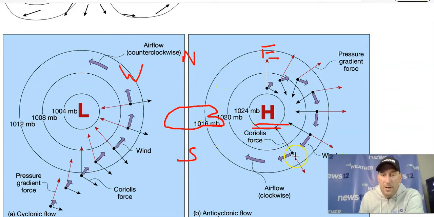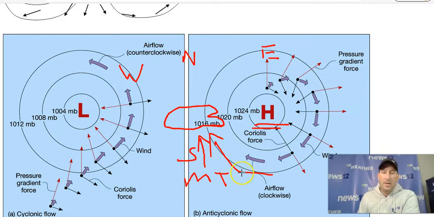Wind flow around high pressure would be clockwise. So this would be a south to southeast wind. That would also be a maritime tropical air mass. So remember, your wind is dependent on the storm center. Wind flows from high pressure to low pressure. So understanding the direction of the wind will give us an idea of what air mass we have.